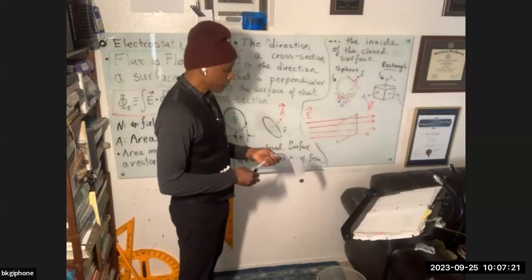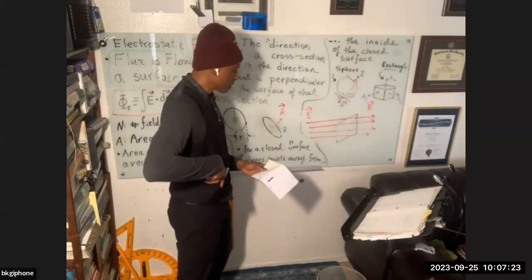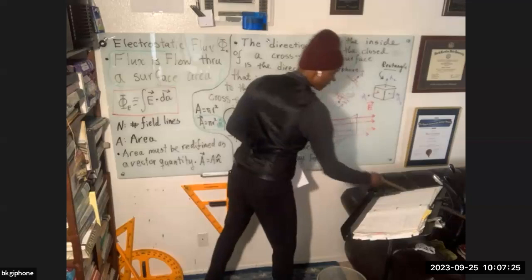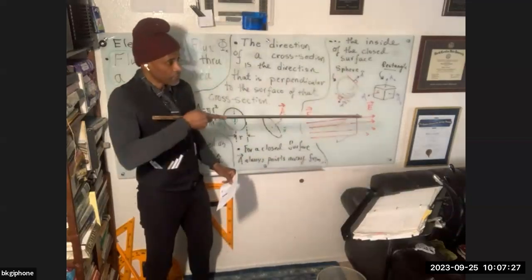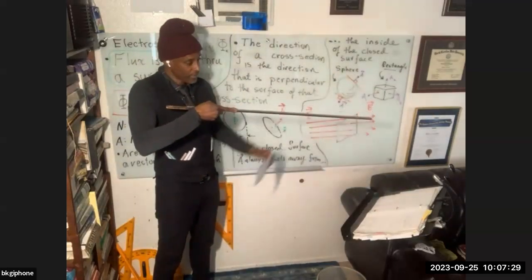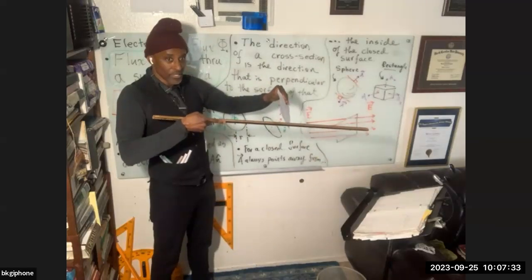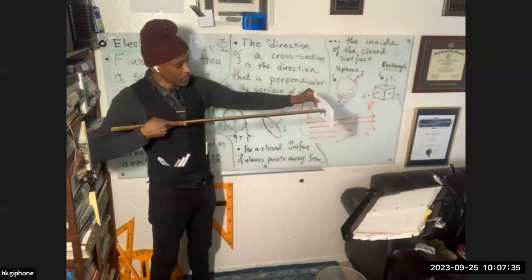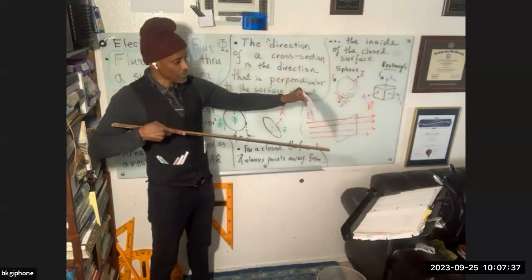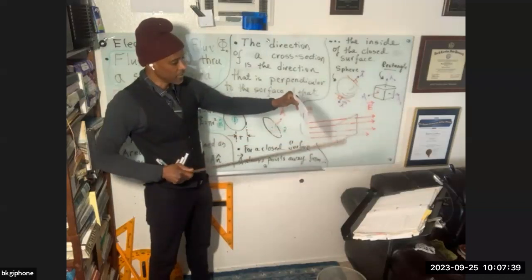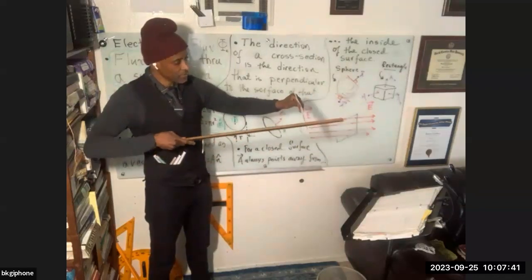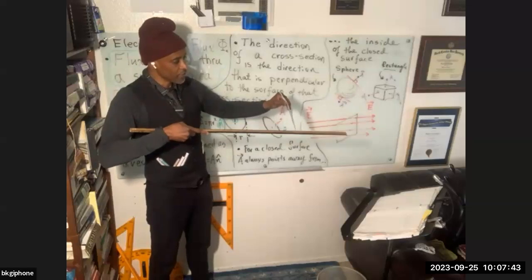The field lines are not hitting the surface such that they are perpendicular, right? If the field lines are pointing like this, and the piece of paper is like this, I can't really show it from the side. But basically, this field is not perpendicular.